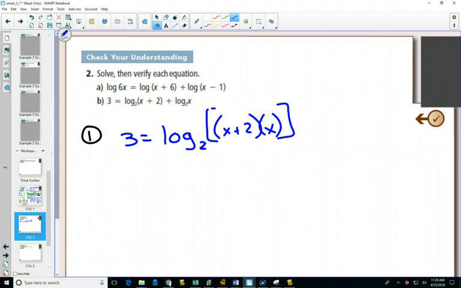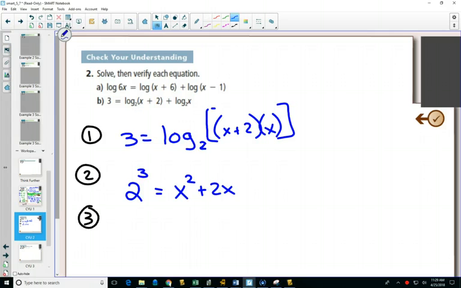Step 1 completed. Go to step 2, the one that you're going to forget. Use your definition of a logarithm, change to exponential form. What's the base? 2. What's the exponent? 3. What's it equal to? And I'm going to multiply that out. X squared plus 2x. Start step 3. Solve for x just like you normally solve for x. What's 2 cubed? Well, that's 8. What kind of equation is this? Oh, it's a quadratic.